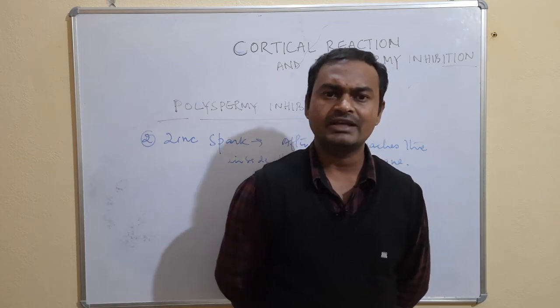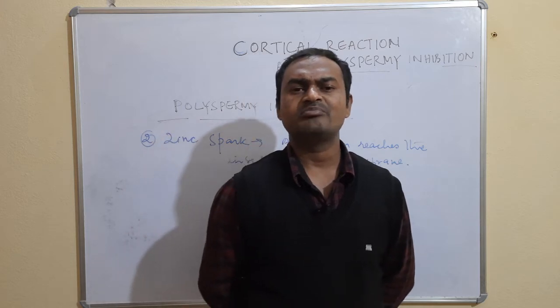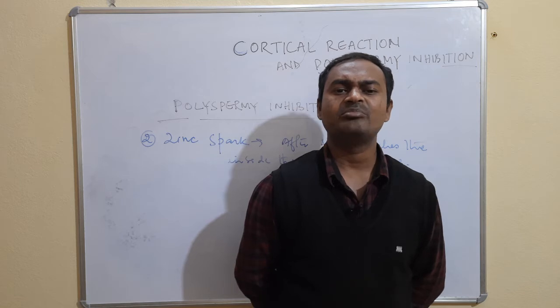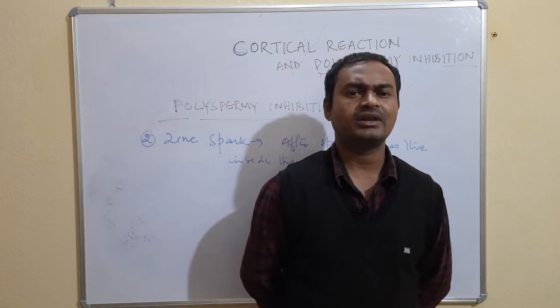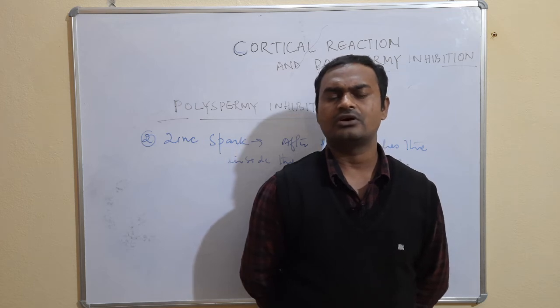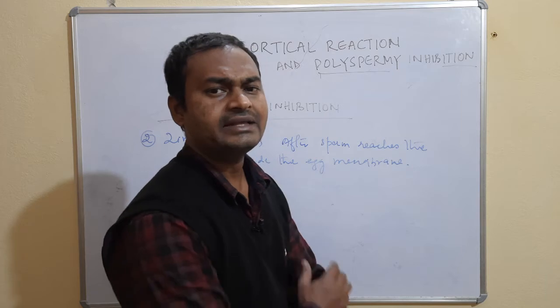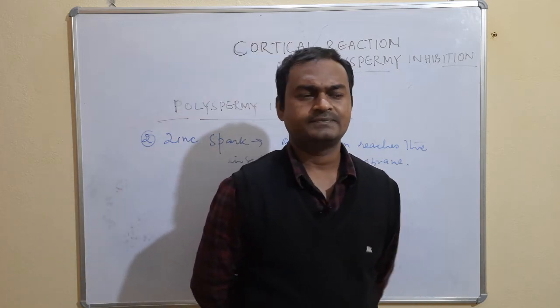So this is the most important phenomenon, where it makes a zinc shield on the cumulus as well as on the surface, or you can say the zona pellucida layer. Okay, and in this way the polyspermy could be easily stopped.